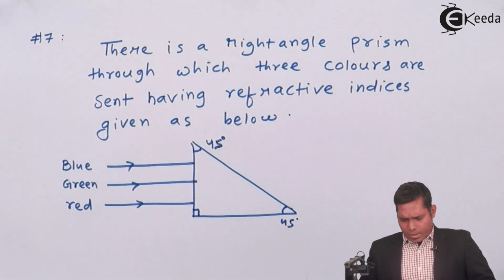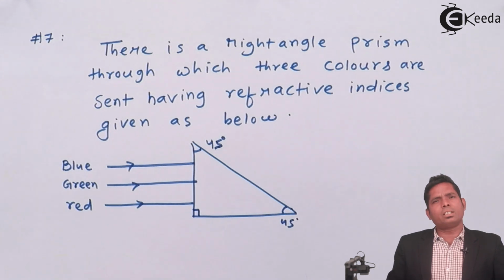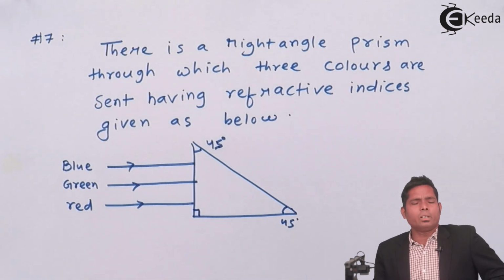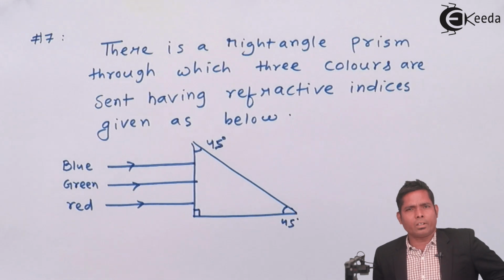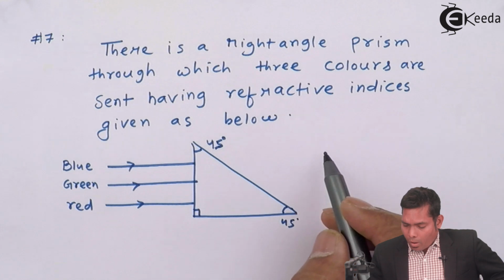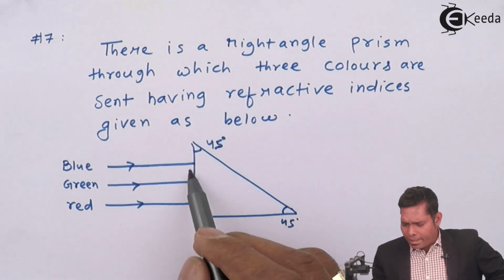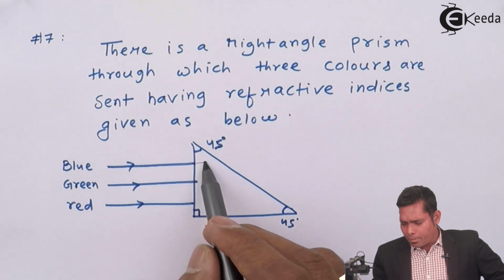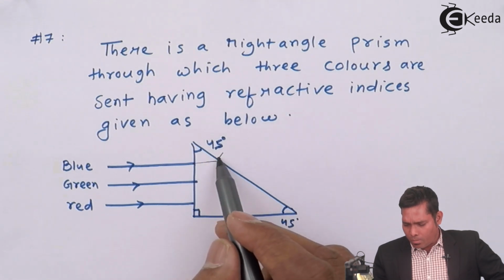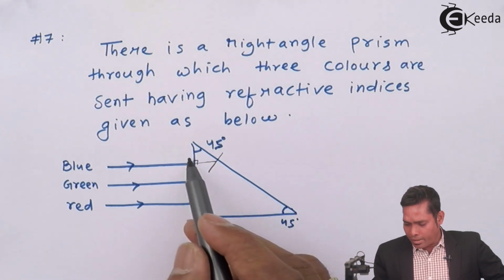So all these rays will strike this surface, and if the angle of incidence is greater than critical angle, then only it will undergo total internal reflection, otherwise not. So how to find the critical angle for this condition? All the rays will strike definitely at an angle of 45 degree, because this is normal and this is 45, this is 90, because this is also a right angle prism.